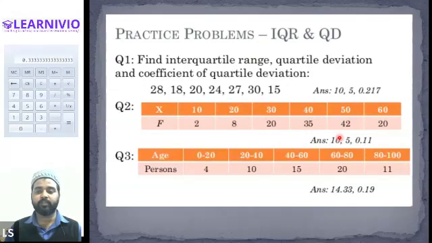Question 1 is based on the individual series and question 2 is on discrete series. I hope you can do these questions. We will first understand how to calculate quartile deviation in case of continuous series in the next class, then only you will be able to solve the third question.